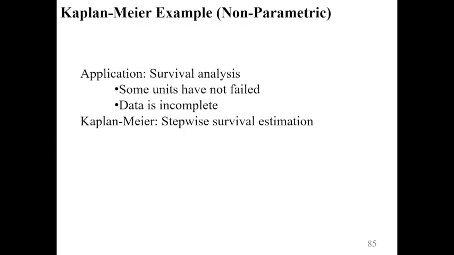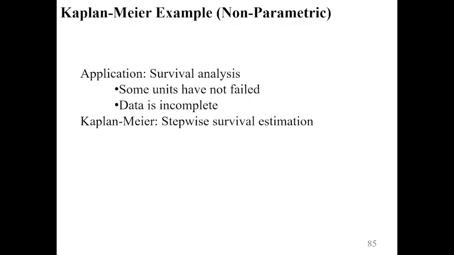This slide introduces the Kaplan-Meier estimator, a non-parametric method used when dealing with incomplete or censored data. In many practical cases, such as medical studies or reliability testing, some units do not fail during the observation period.